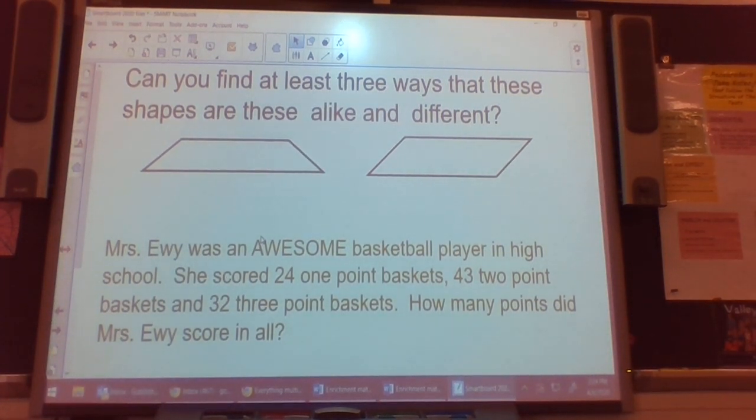Hi, third graders. Today is going to be one of the lessons where we are going to start switching things up a little bit. We are not going to have a full math lesson today. We're just going to do our morning math work like we've always done, and then we'll give you another thing that we would like you to do.